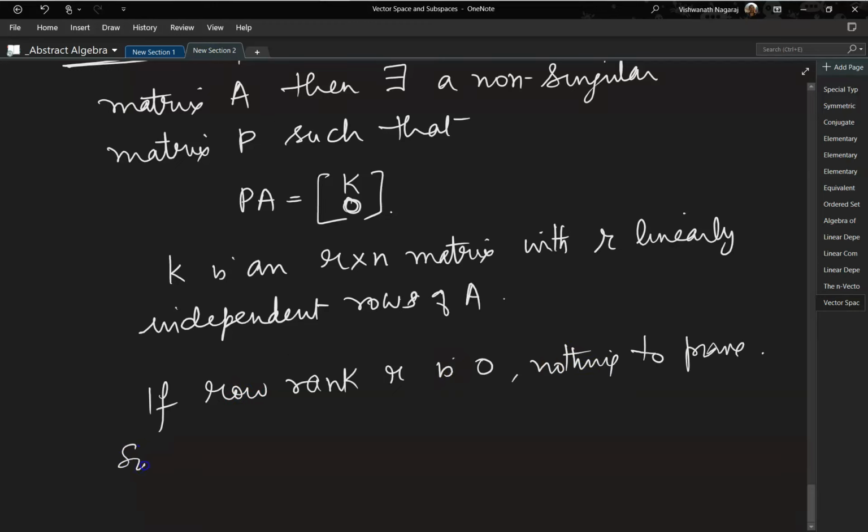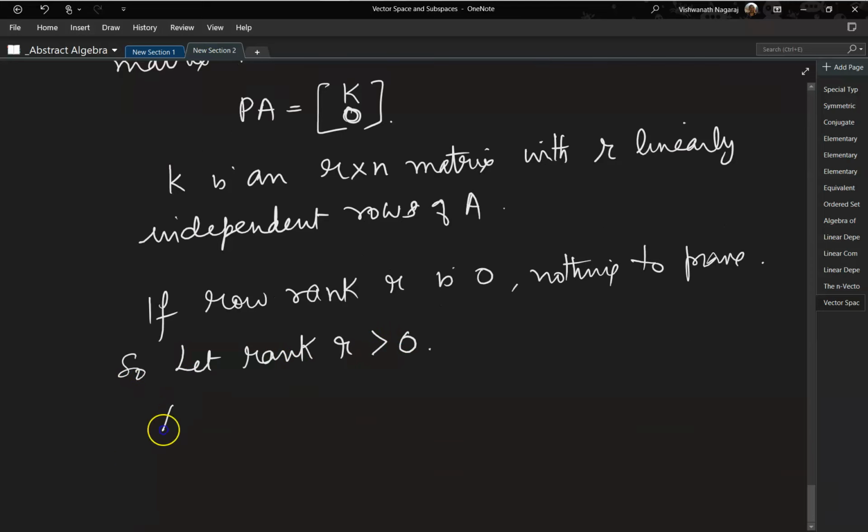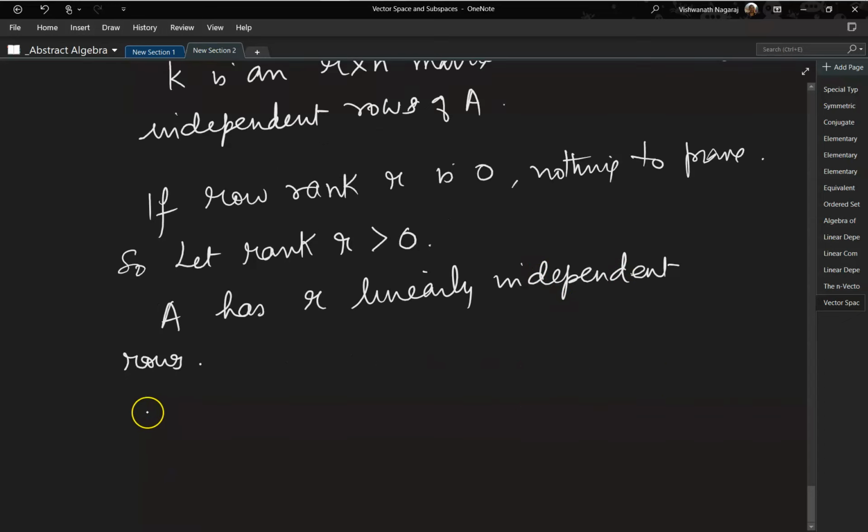So let rank r be greater than 0. Now, A has r linearly independent rows. So what happens then?